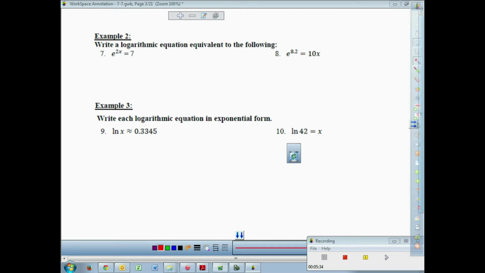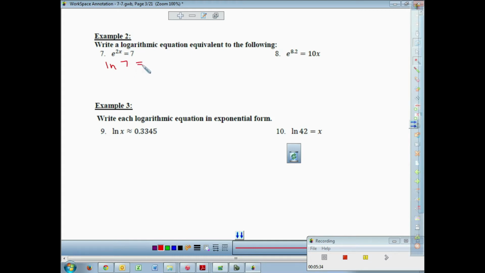Isn't the x up in the exponent? They want us to write it as a logarithm. But my friends, what's the base of these problems? e. So don't use log, use natural log instead. So the natural log of the argument, what's the argument?